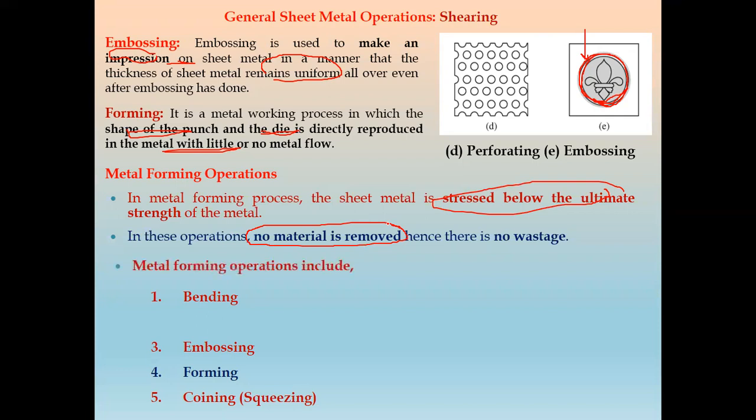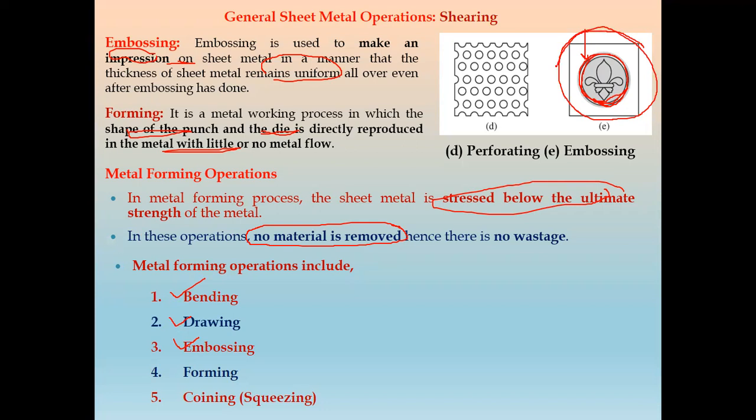So metal forming includes different operations. The operations are bending, then drawing, and third is embossing, which we have seen. Here there is no cutting, but we have made an impression of that logo on the sheet metal.